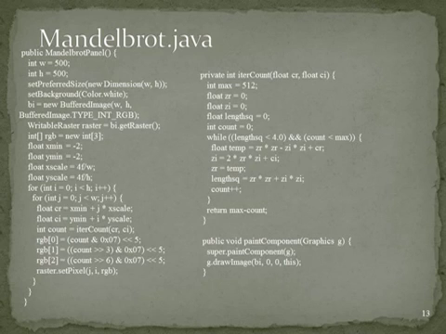The iterations are carried out by the method iterCount. A complex number is represented by two float variables. The iteration terminates if the value goes outside the circle, which means the magnitude of zn is greater than 2.